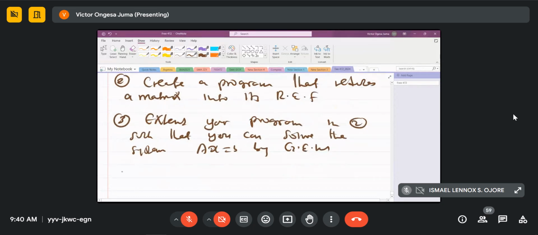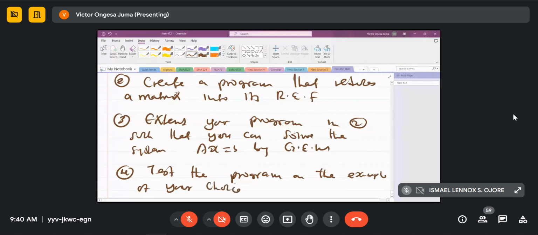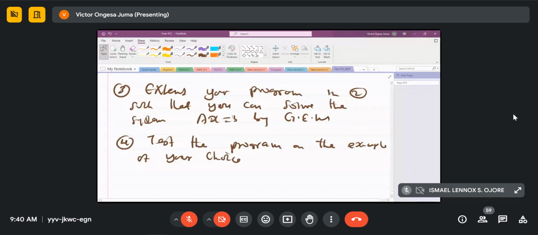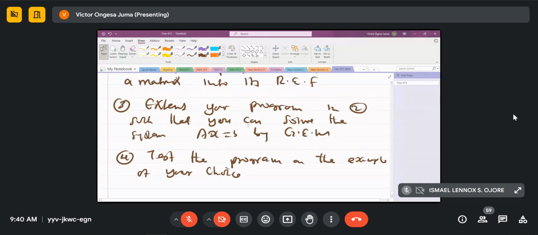And then 4, test the program on an example of your choice. Once you make a program that solves the system, you write a function, in MATLAB or whichever you want to use, you want to test: does it work? Does it give me the answers?